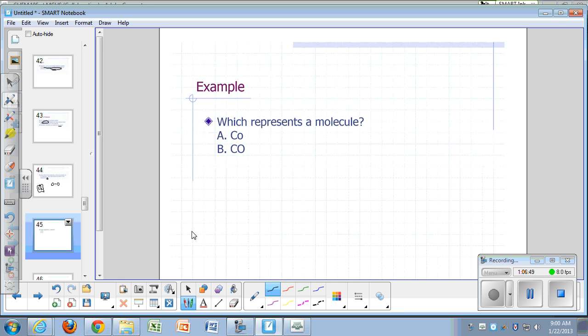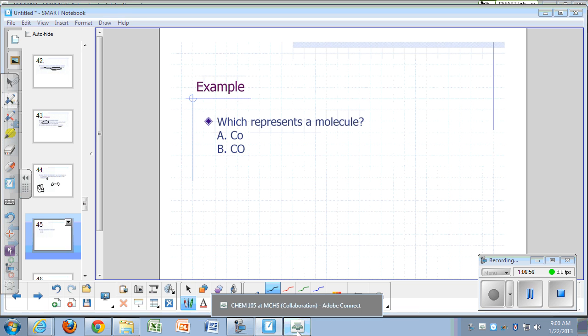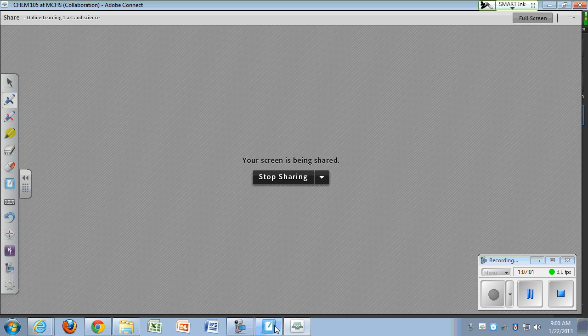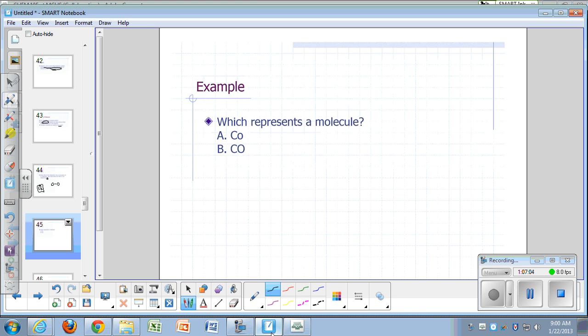So here's a question. Which of these represents a molecule? Okay, so this is the symbol for an element called cobalt.